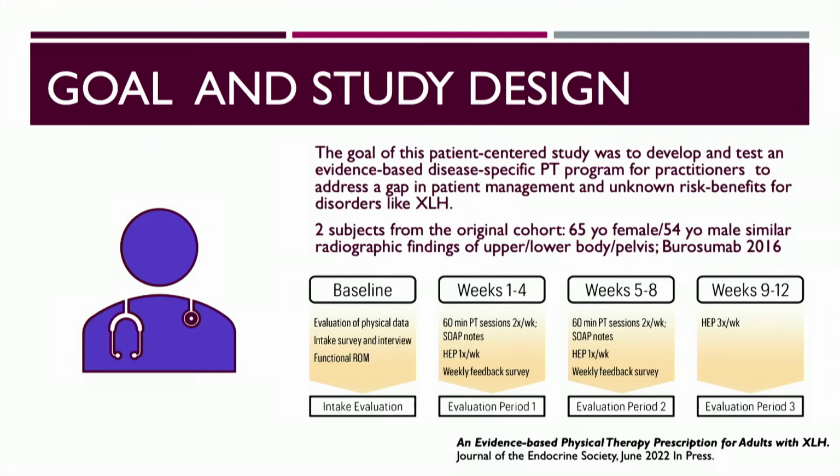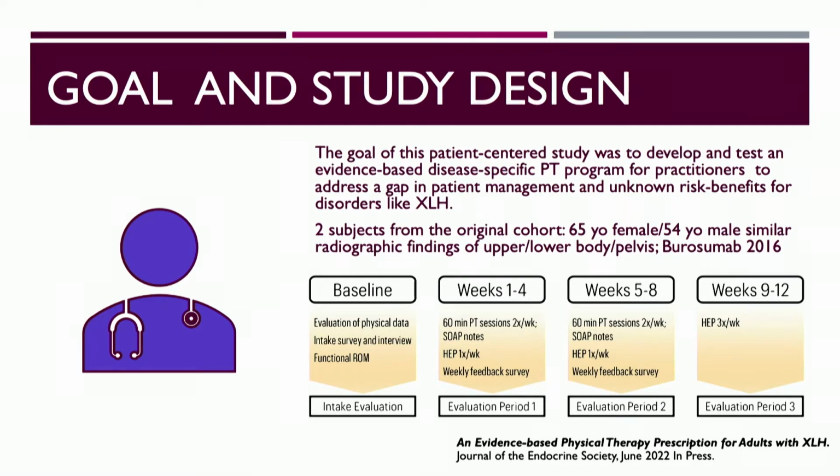So this was just recently published. If you want to know more of the details, you can see them. But the goal of this was really to try to address this gap in patient management.